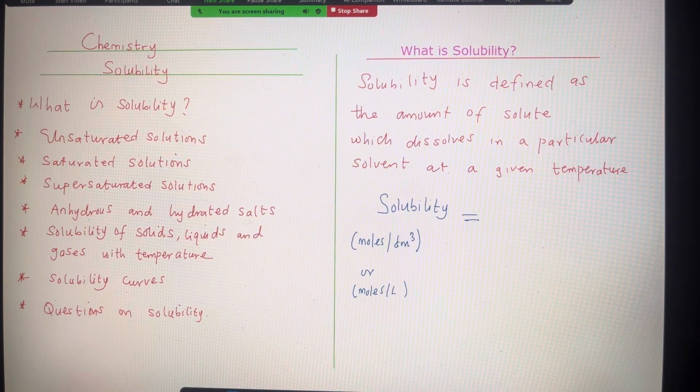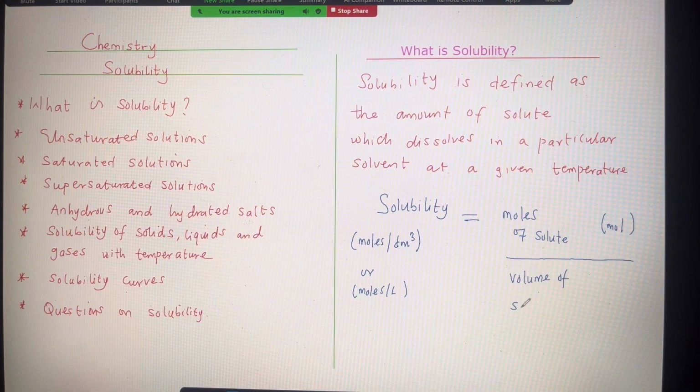So that means that the formula would be moles of the solute divided by the volume of the solution. Moles of solute is usually in moles, and the volume could be the volume of the solvent or the volume of the solution. So that's what I want you to take note of.